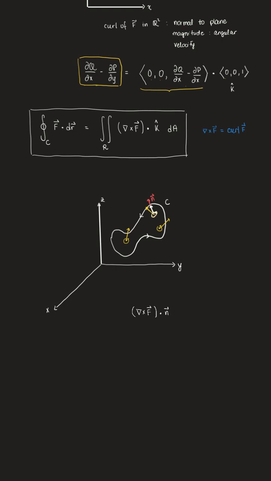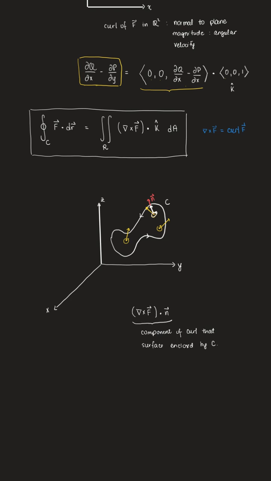So dotting this with n means that we're looking for the component of the curl that is on the surface enclosed by our curve C.